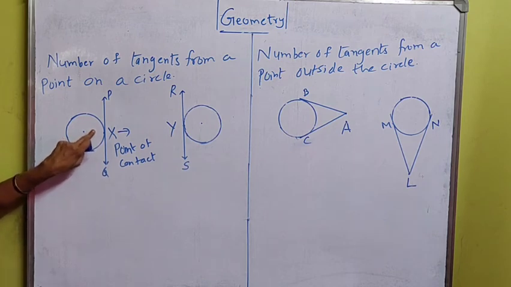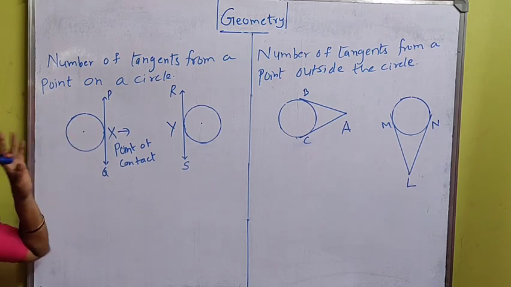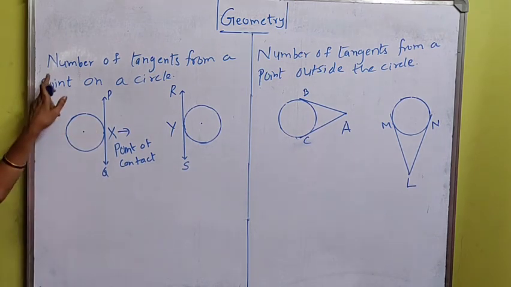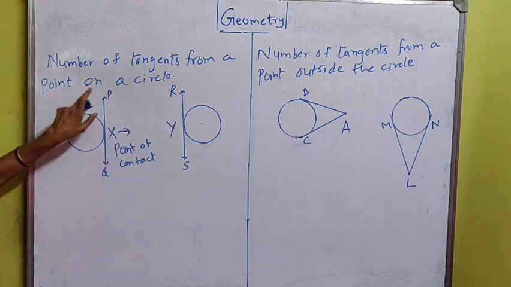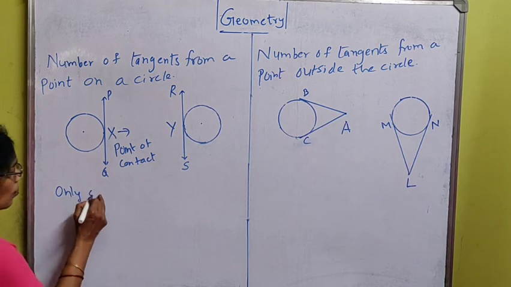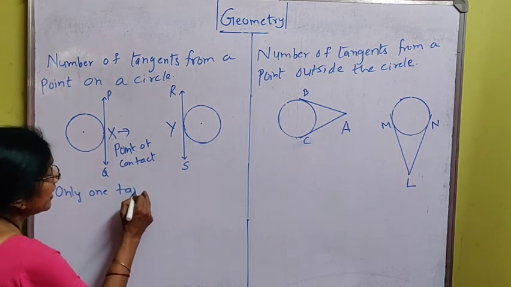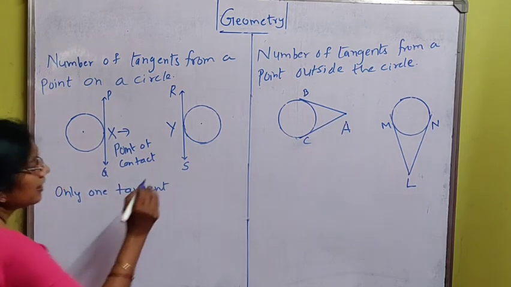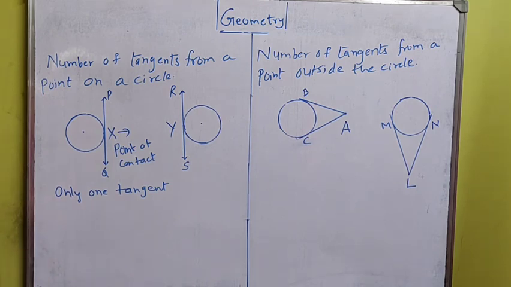And where will the point of contact be? The point of contact will always be on the circle. So from a point on a circle, you can draw only one tangent. Keep this in mind.